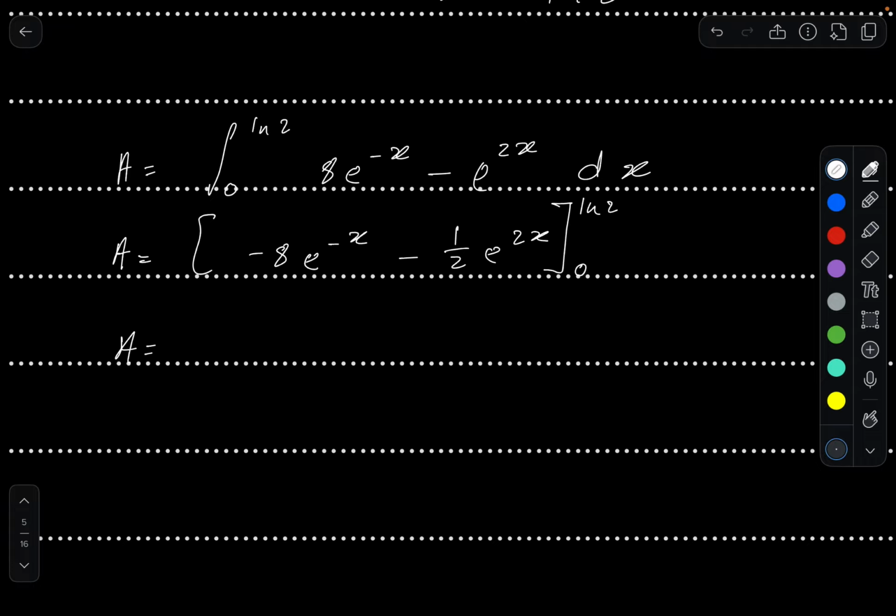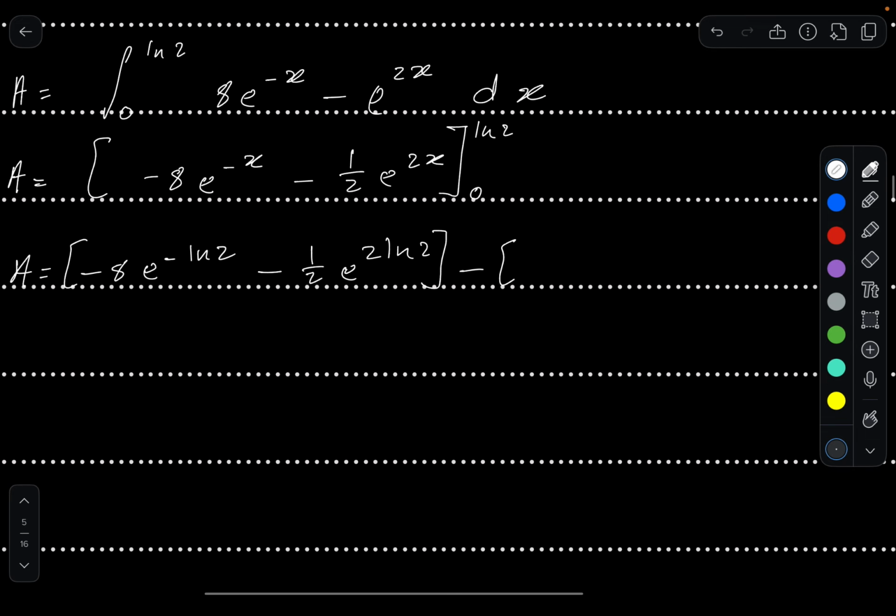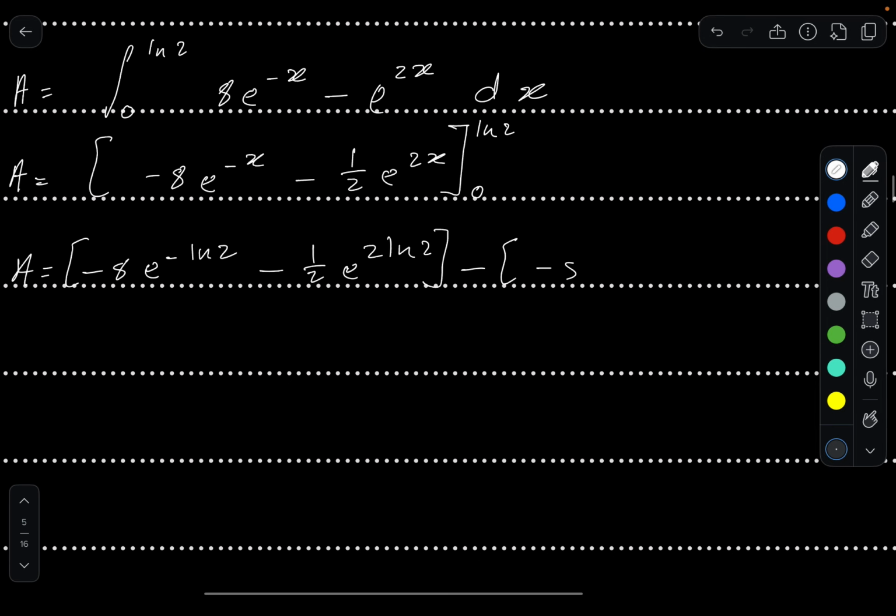Now we say, okay, negative 8e^(-ln 2) minus half e^(2 ln 2) minus, some people assume that this part becomes 0. It doesn't, people. You can't just assume that, especially with exponential functions.